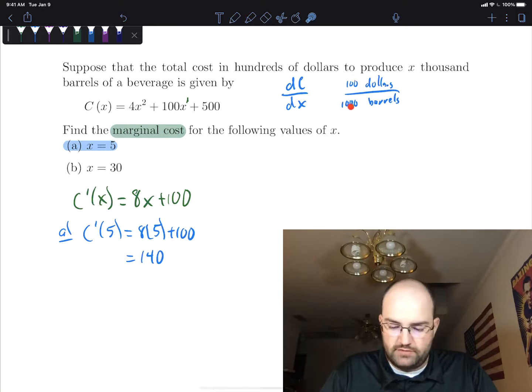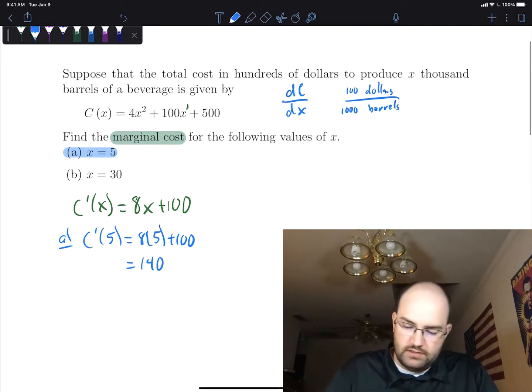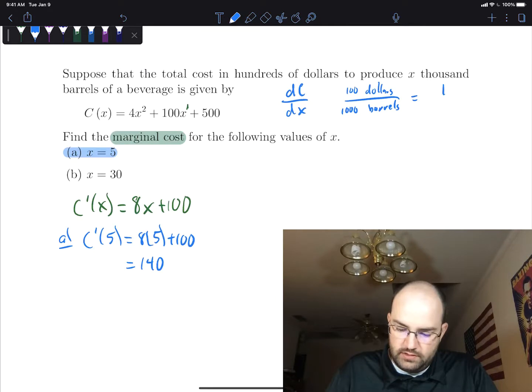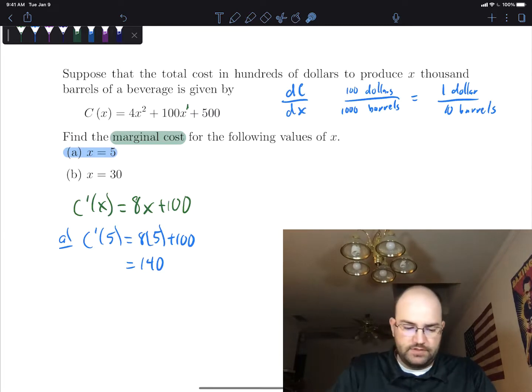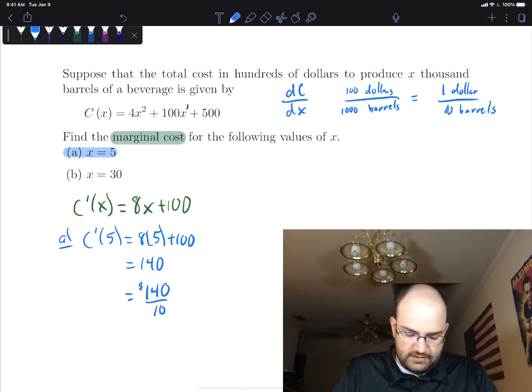Notice 100 divided by 1,000 is $1 for every 10 barrels. That's the units that we're actually working with here. So 140 would be 140 times 1/10 dollars per barrel. So the actual cost here would be 140 over 10 dollars per barrel.